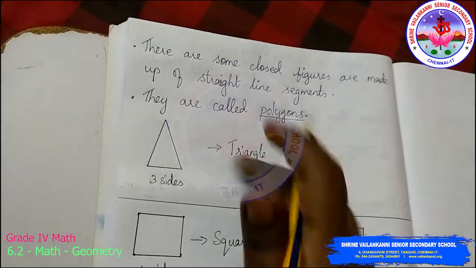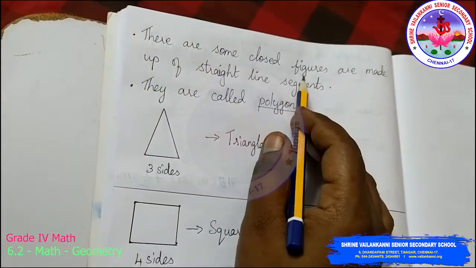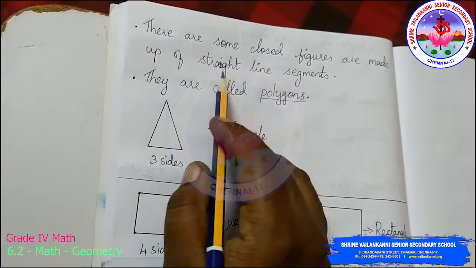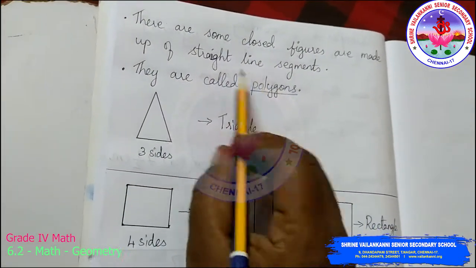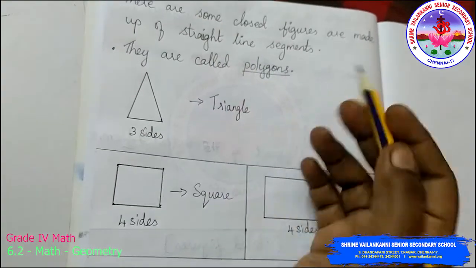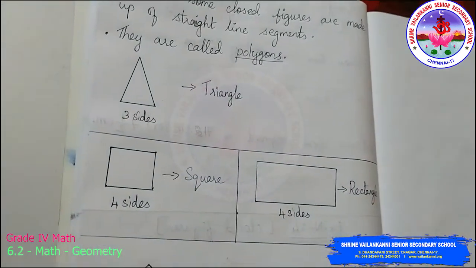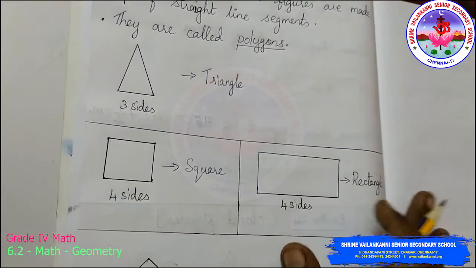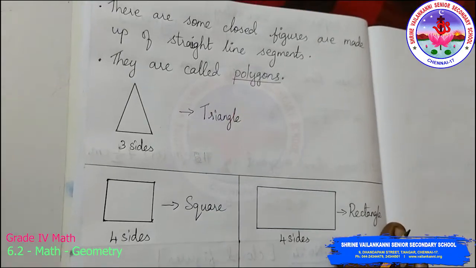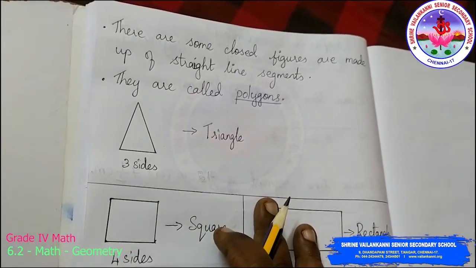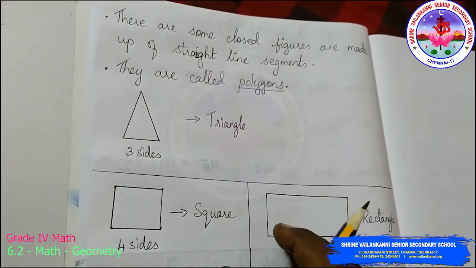Now there are some closed figures which are made up of straight line segments alone. Among these closed figures, I have shown some examples for you.